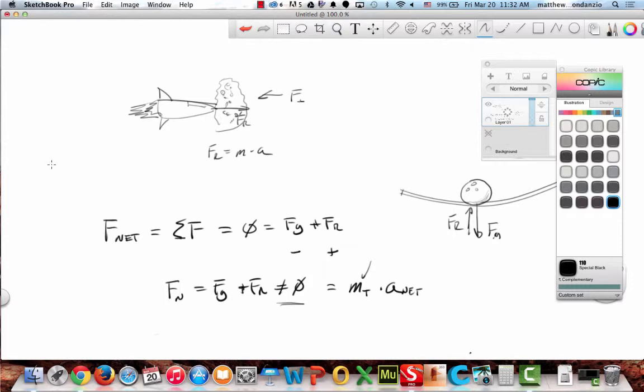Let's say the force of the sponge isn't strong enough to stop the rocket, just strong enough to slow it down. That means my force of the rocket plus the force of the sponge must not equal 0. So my force net must equal my mass times my acceleration net.